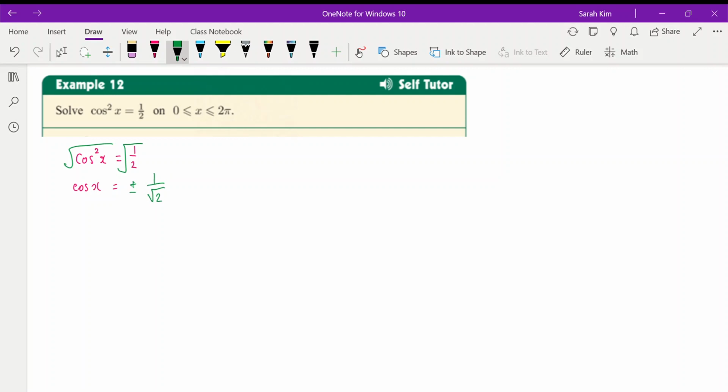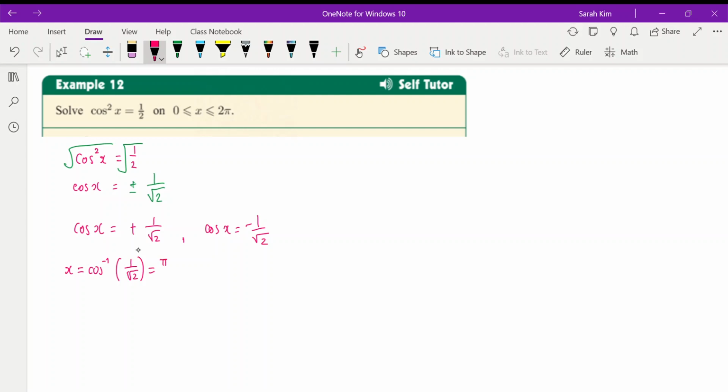So now what I need to do is figure out when my cos x is plus 1/square root 2 and also when my cos x is minus 1/square root 2. So I need to find inverse cos and find both of my answers. So first answer I get, oh, I didn't even write it properly.